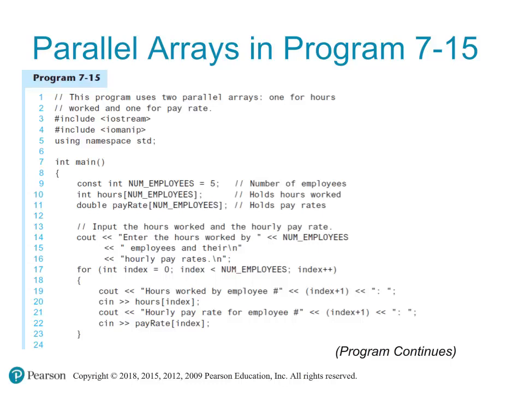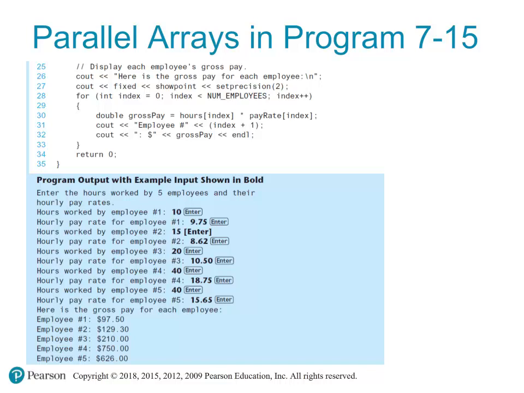Using parallel arrays allows us to keep related data synchronized. Each index in one array corresponds to the same index in the other array, making it easier to manage related data.